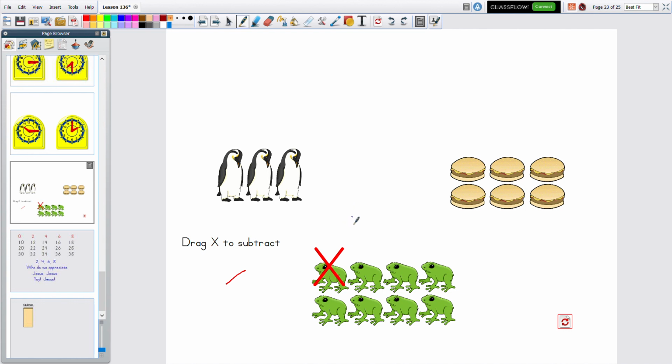We started with how many frogs? 8 frogs. How many jumped in? 1. How many do we have left? We have 7. So 8 minus 1 equals 7. Okay, I'm going to go down here and see if that works. Nope, it didn't work. That's because I didn't have the right tool up there.